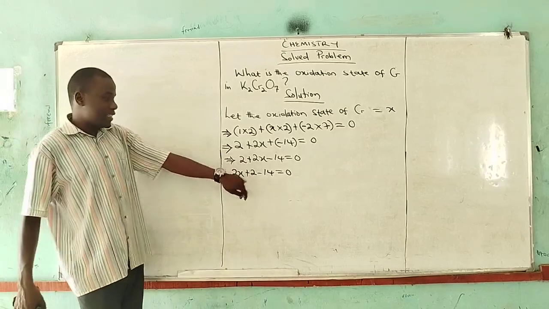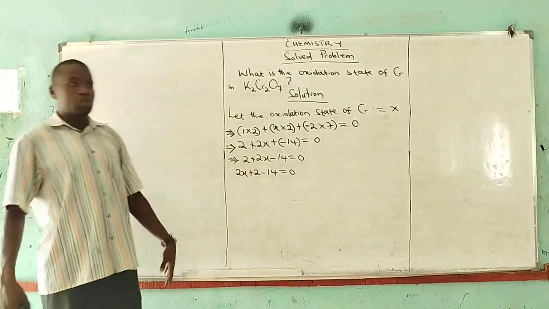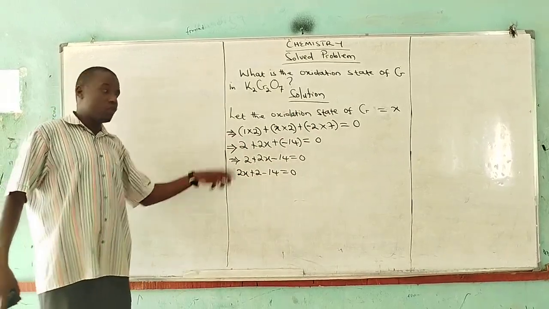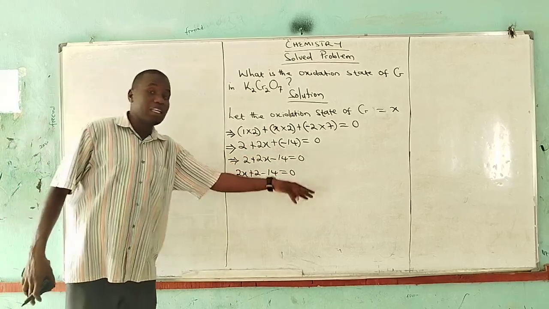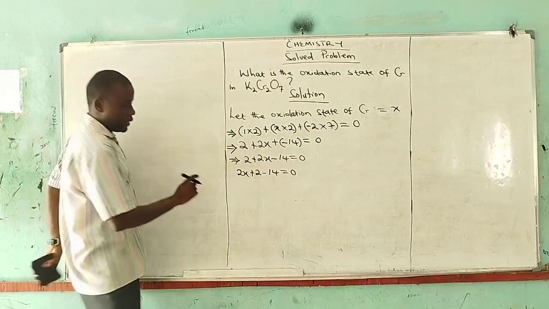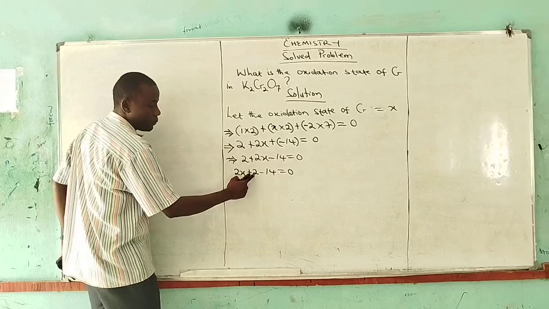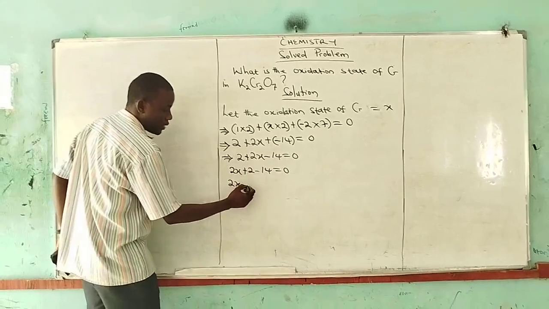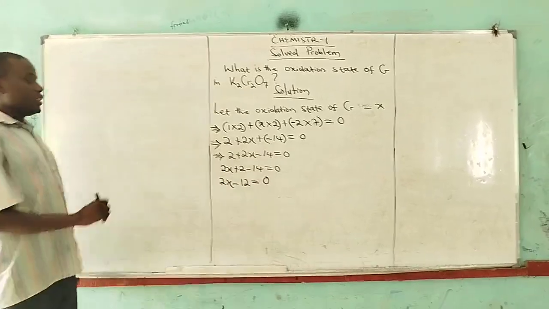The sign of this 2 will not change because I've not taken it to that side. So I decided to rearrange before doing the collection. So we have 2x, and 2 minus 14 is minus 12. This is equal to 0.